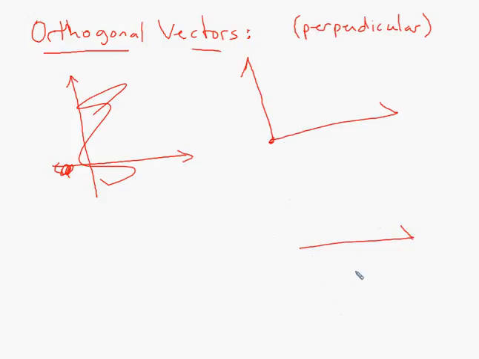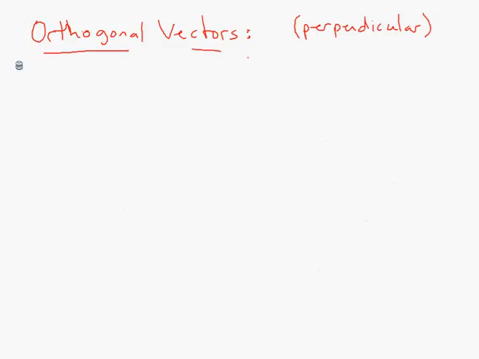The dot product is going to tell us that without us drawing it or anything. You with me? So what I might be asked is a question like this: are the vectors orthogonal? Or you might be asked, do they form a right angle? Or you might be asked, are they perpendicular?